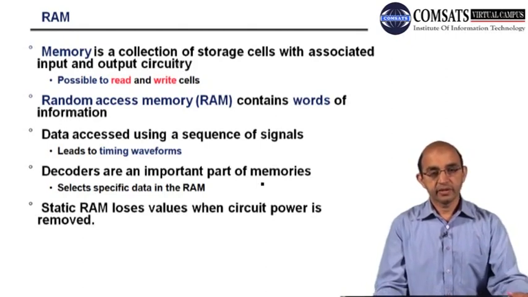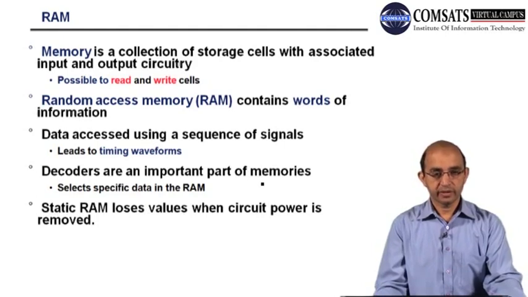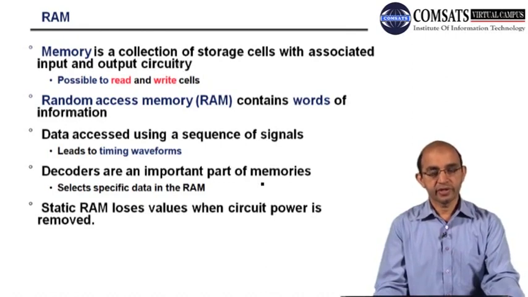And as we have different locations available within the RAM, in order to access those locations we need to generate different addresses. In order to generate addresses, we have used decoders, which are the key element within those memories.